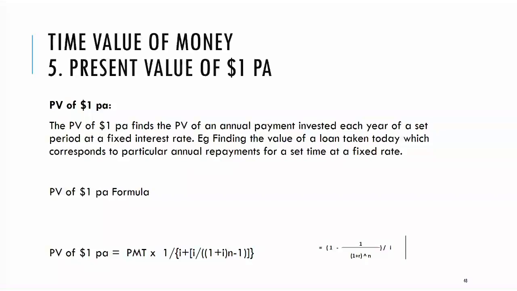The formula for that is payment multiplied by 1 divided by interest plus interest divided by (1 plus i) to the power n minus 1, or you can use this formula. There are a few different formulas.